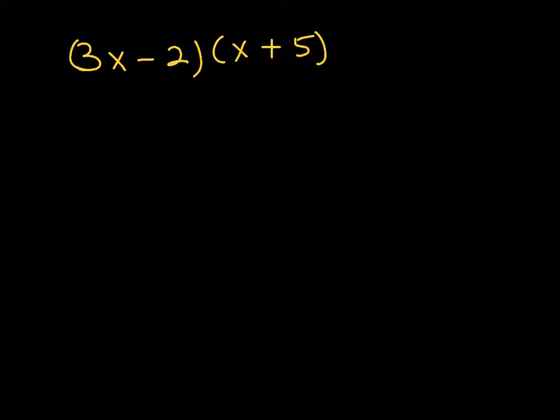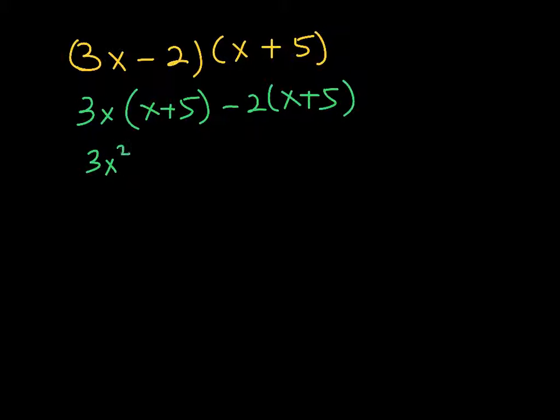Now (3x - 2)(x + 5). So we can write this as 3x(x + 5) minus 2(x + 5). Okay, 3x times x, that is 3x squared. 3x times 5, that is 15x.